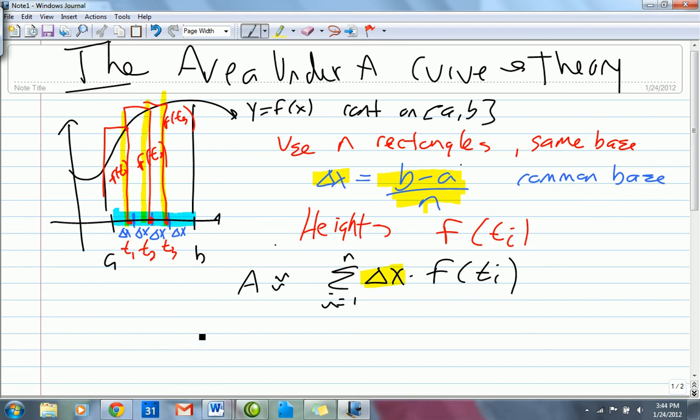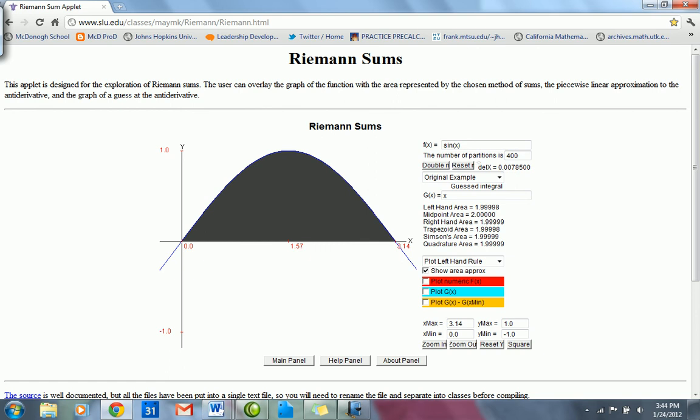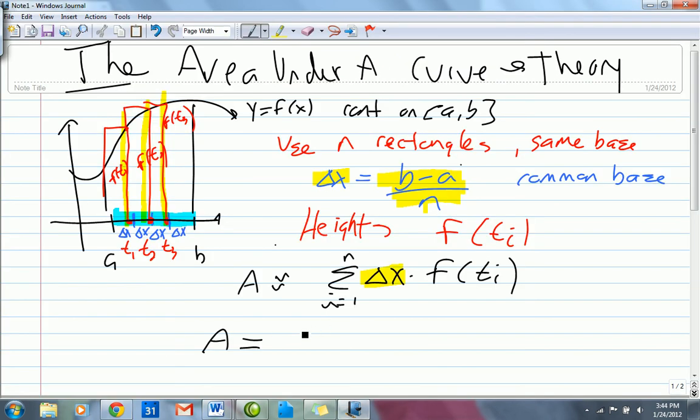And so, you know what, I'm tired of approximations. I want the area under the curve. As we showed in that St. Louis University applet, we want the number of rectangles to increase. The more rectangles, the better the approximation, all things held constant. So let's turn the approximate into an exact by taking the limit of all of this, which is basically a way of saying the base times heights of all those n rectangles.